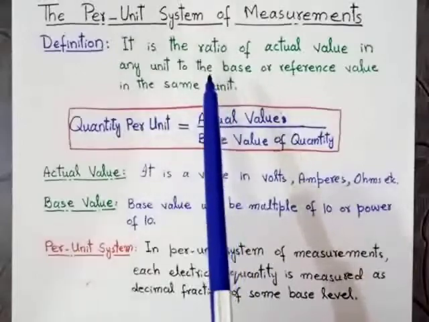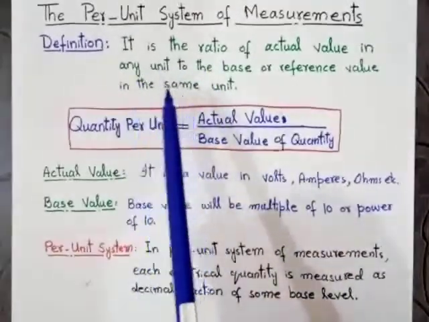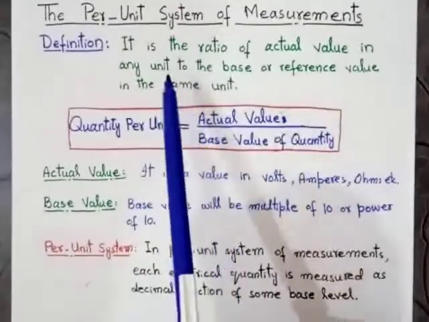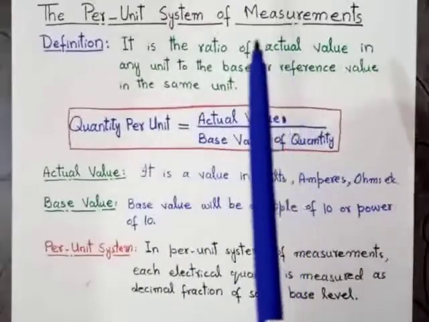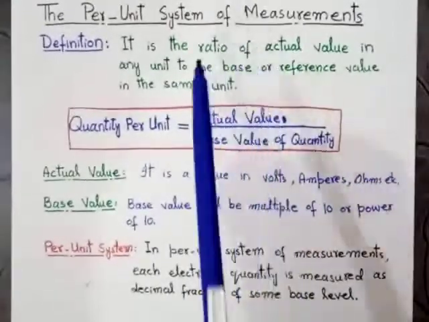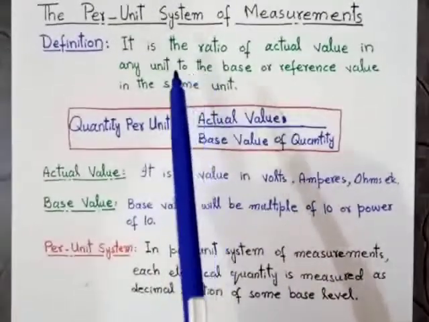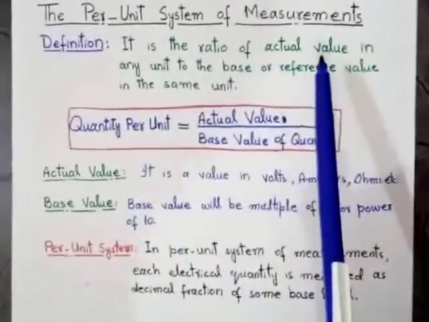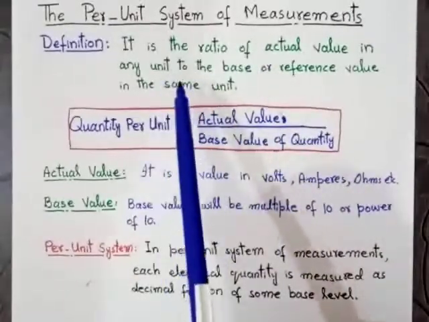It means if the actual value is in voltage, then the base value should be in voltage as well. If the actual value is in ampere, then the base value should be in ampere as well. Similarly, if the actual value is in ohm, then the base value should be in ohm as well.